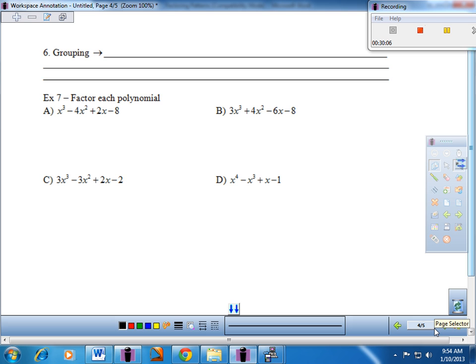So next one is going to be grouping. And maybe we'll write a few things in and then try another set here, see how you're doing with all these. So here's what I have with grouping. I grouped the first two terms together. And the last two terms together.